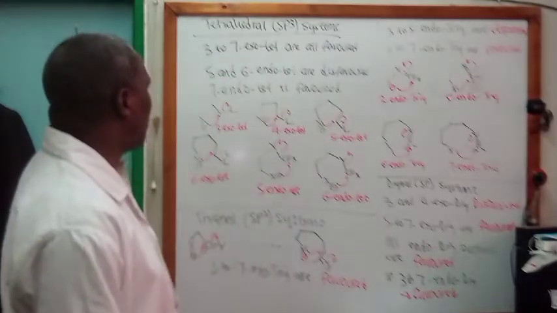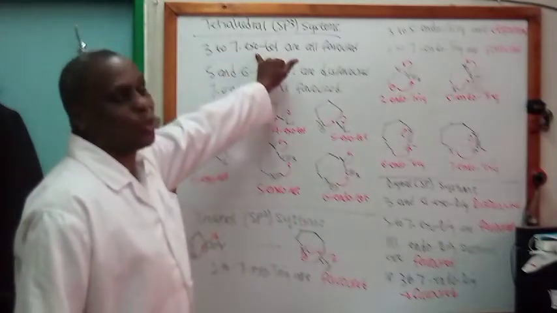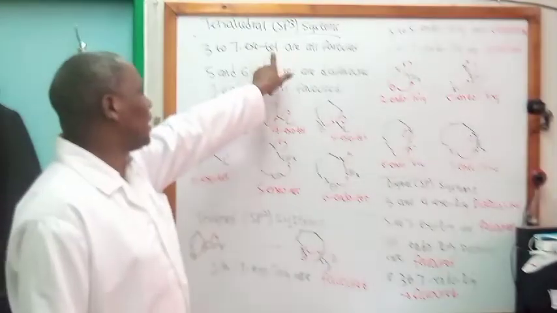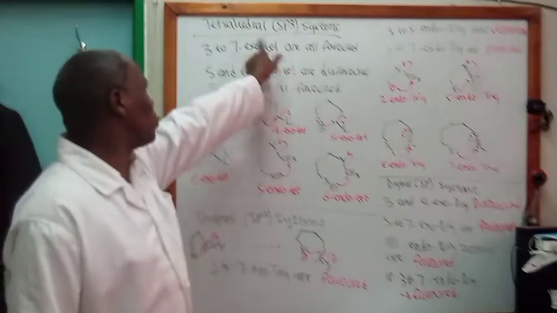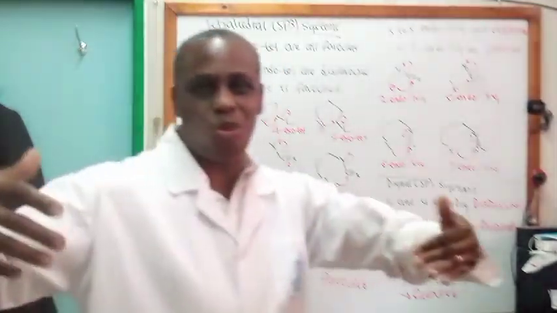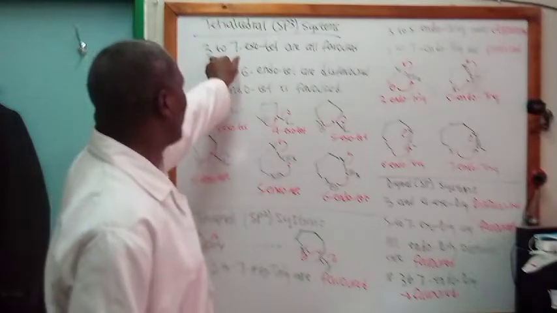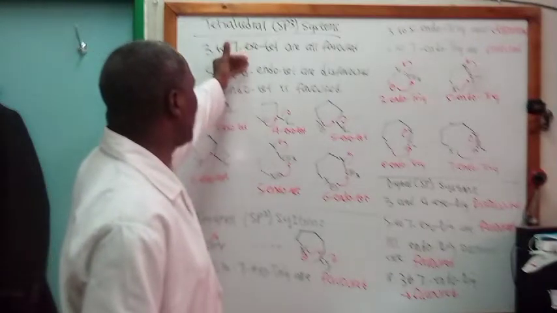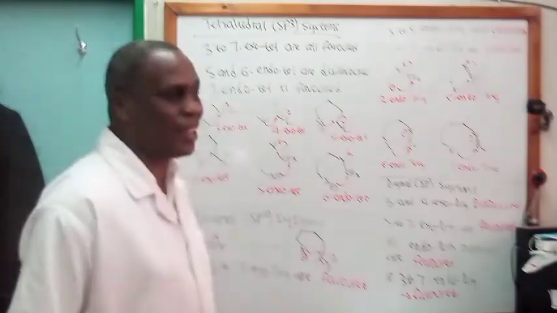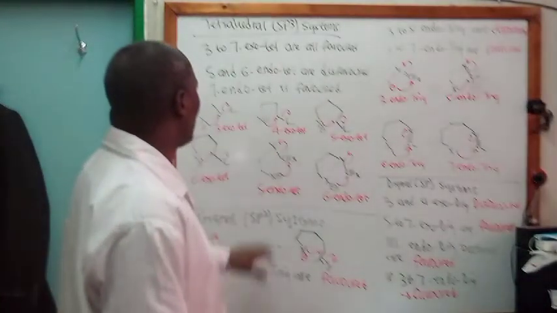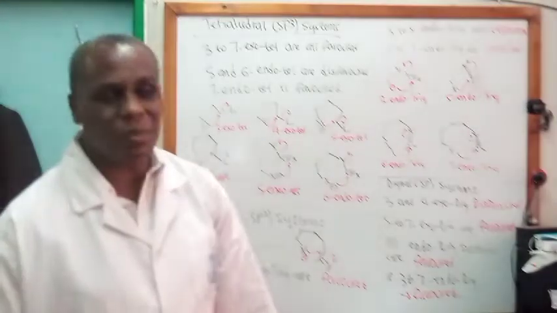If I'm dealing with an exo tet, for tetrahedral, please note that we don't put the long word tetrahedral, we just say the word tet. So for 3, 4, 5, 6, and 7 exo tet, all of those systems are favored.